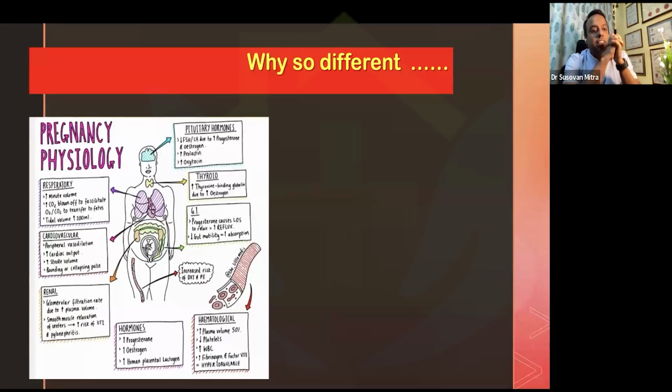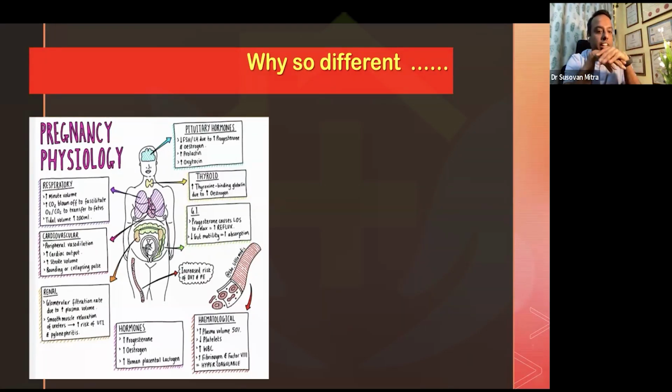Now, why is pregnancy so important? If you see this picture, it will make it clearer that in pregnancy you are dealing with the mother and the baby, and there are a lot of changes. The person who is pregnant goes through changes in all the systems: the brain, respiratory, cardiovascular, renal, thyroid, GI, hematological, hormones, everywhere you can see.